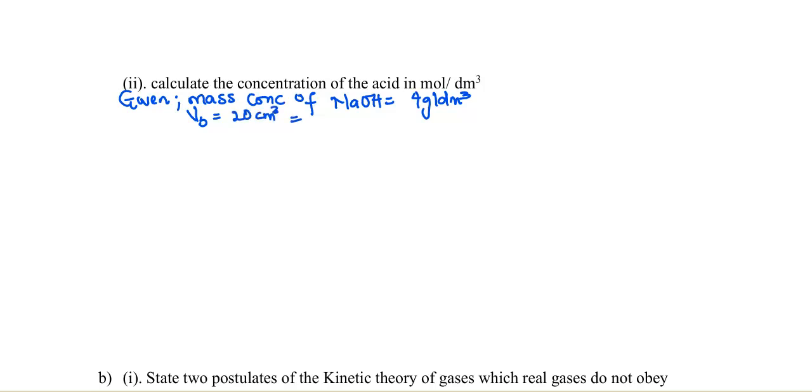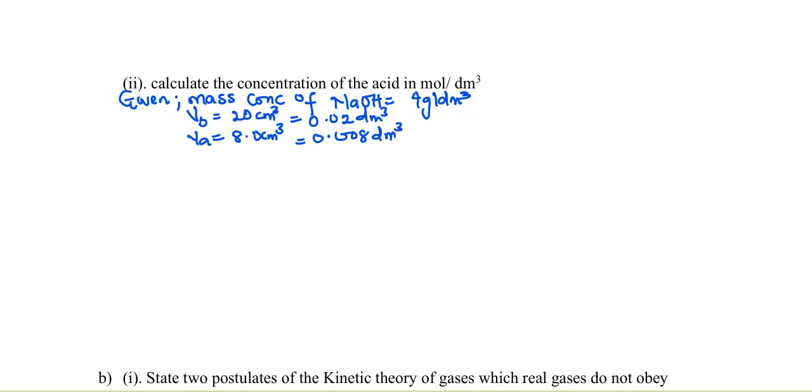You can convert that to dm³ by dividing by 1000. We have 0.02 dm³. We were given the volume of the acid to be 8.0 cm³. You can also convert that, then we have 0.008 dm³.